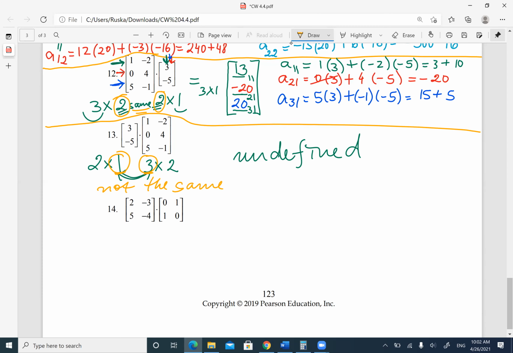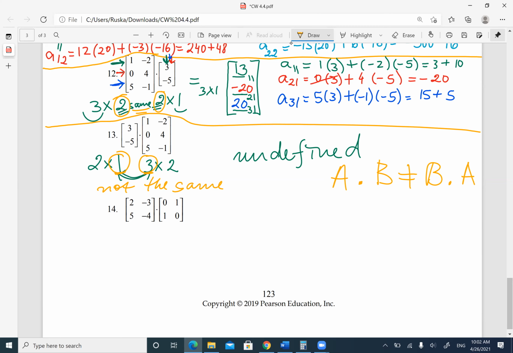Now, also keep in mind when I multiply, let's say matrix A times matrix B, this operation can be defined, but B times A is different. With numbers, 2 times 3 is the same as 3 times 2, right?